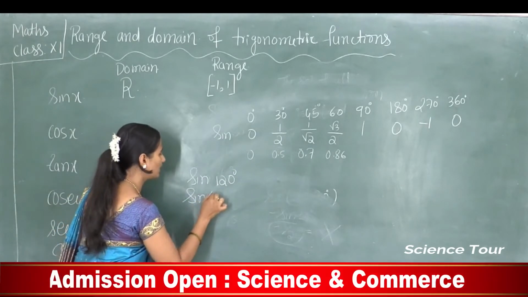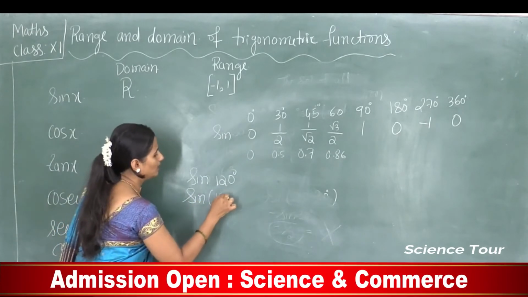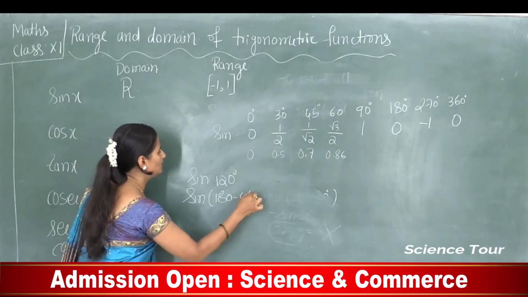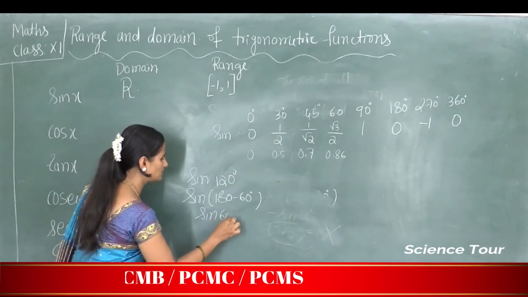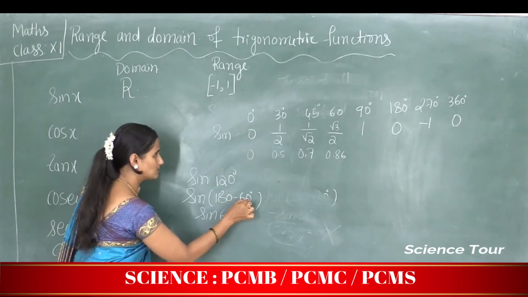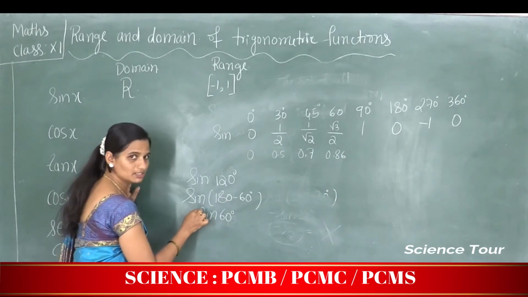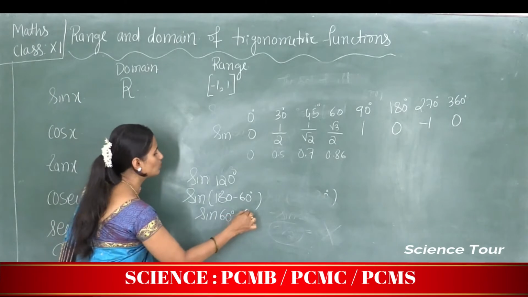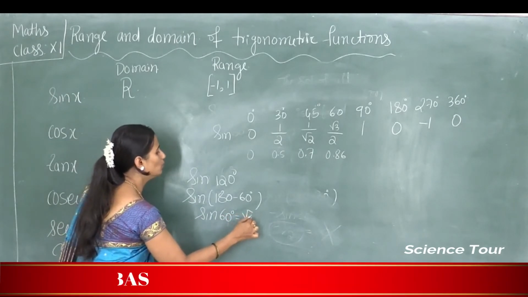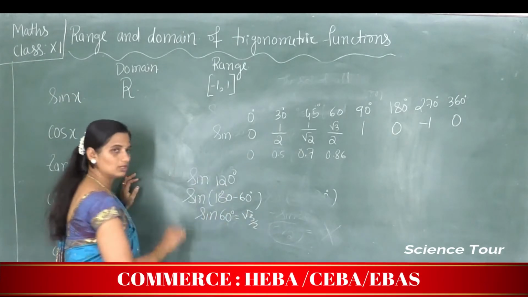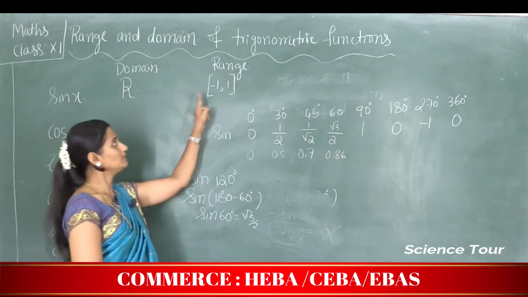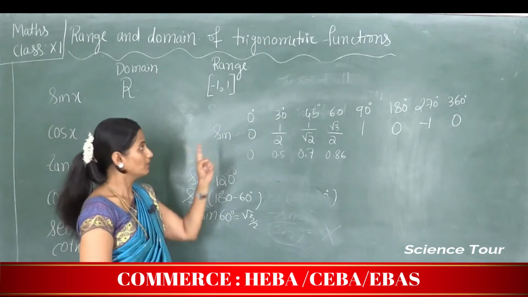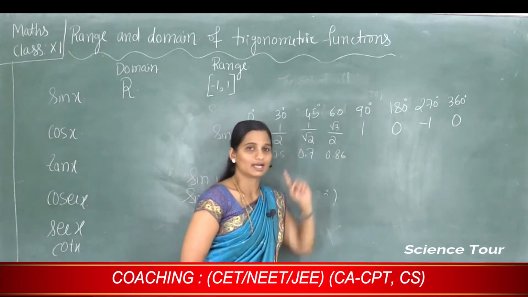Sine 120 can be written as 180 minus 60, right? Sine 180 means sine remains as it is, sine 60 degrees. 180 minus 60 is in the second quadrant, where sine is positive. So sine 60 is root 3 by 2. Here I wrote the range is minus 1 to 1. So these are the standard angles.